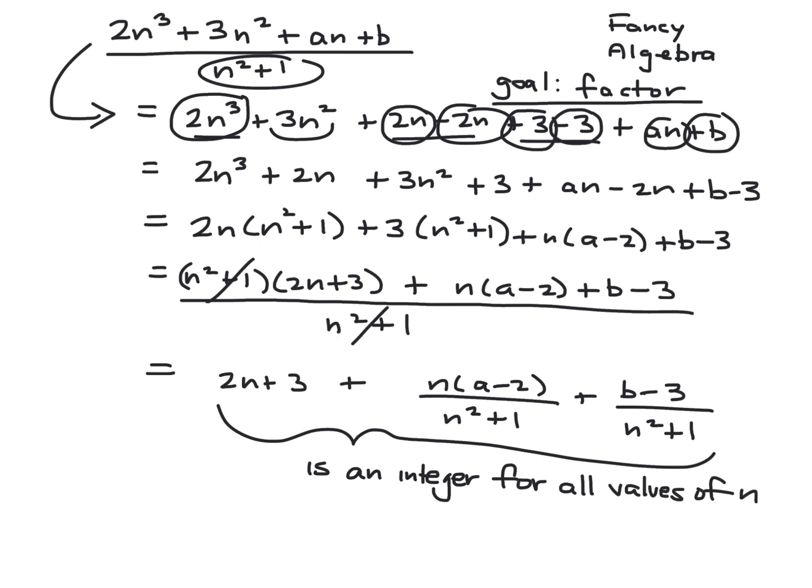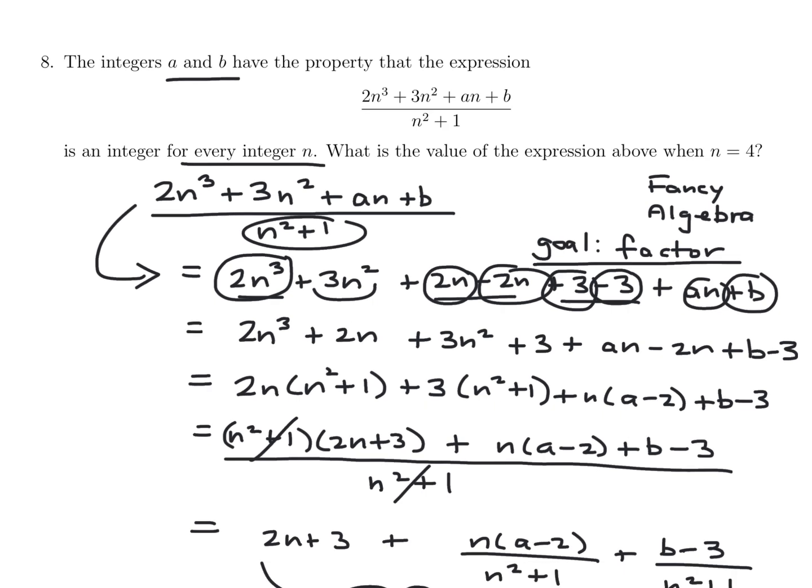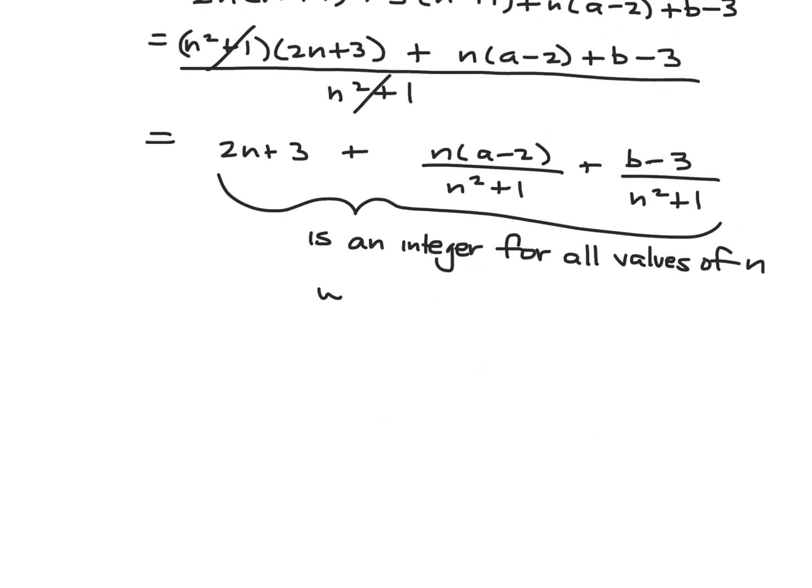No matter what you put in for n, it's going to be an integer for every integer n. But here's the thing. What are a and b? We don't know that. If we had that, then we could easily solve the question, because eventually they're telling us to just sub in n equals 4, which is no problem. But I need to know what a and b are.